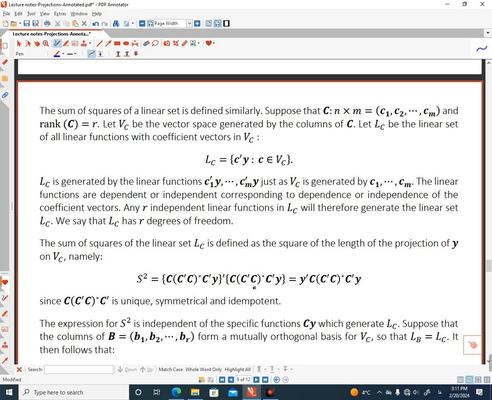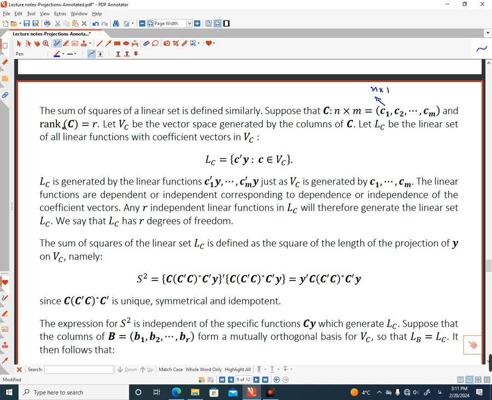Now we want to define a sum of the square of linear sets. Suppose that C is a matrix n by m, and you can construct it this way, and you can present it vector-wise, C1, C2 up to Cm. Each of them is of dimension n by 1, sorry.